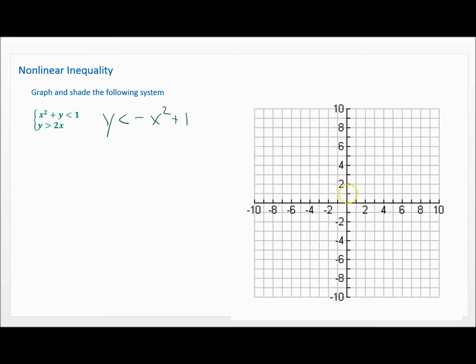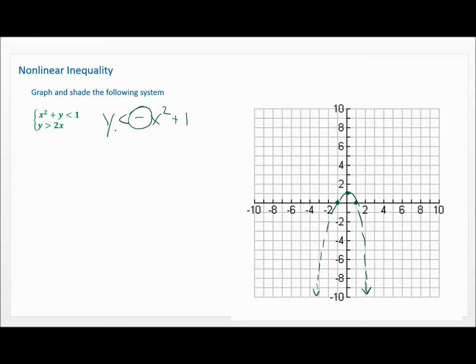What did that give us? A parabola that was up at 0, 1, not stretched out, which means either point is 1 away from the vertex, and it was a dashed line going downward. How do we know this parabola was pointing downward? Because of the negative leading coefficient. That's why it's pointing downward.